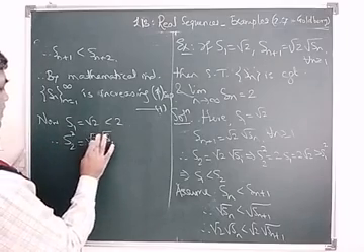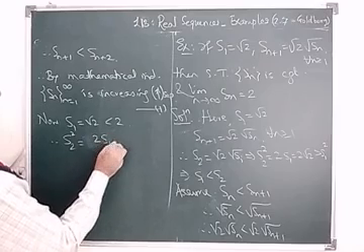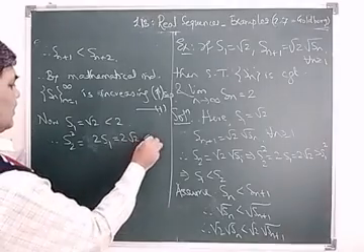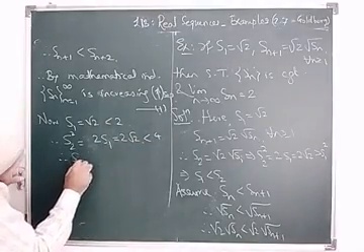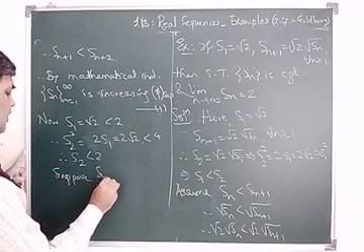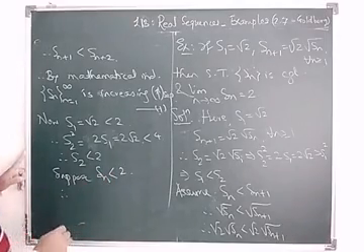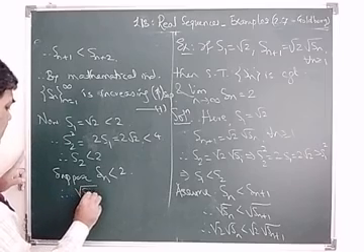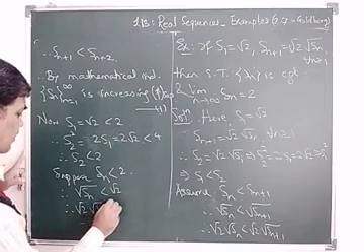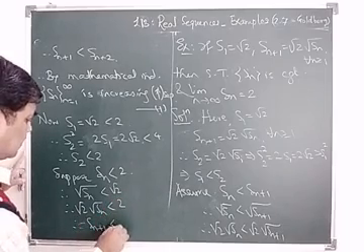S2 square is nothing but 2 times S1, which is 2 root 2. This is less than 4, and therefore S2 is also less than 2. Suppose Sn is less than 2. Therefore, root of Sn is less than root 2. And therefore, root 2 into root of Sn must be less than 2. And therefore, Sn plus 1 is less than 2.